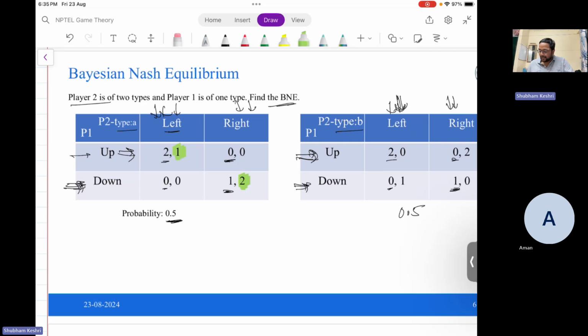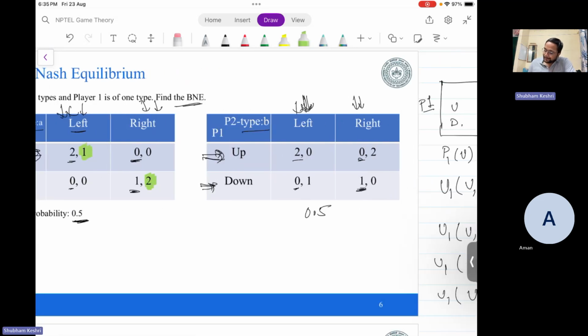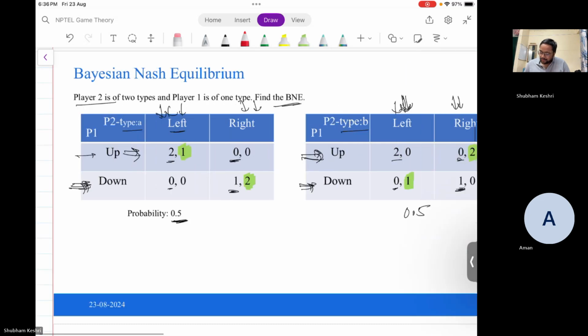Again, when player 1 is playing up and player 2B, so we are talking about player 2 of type B, the best response of player 2 is to play right. When player 1 is playing down, the best response of player 2 is to play left. Right? So when player 2 is of type A, his best response will be left if player 1 is playing up, and his best response will be right if player 1 is playing down.